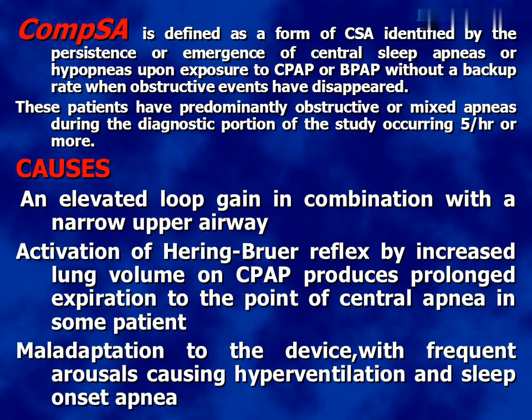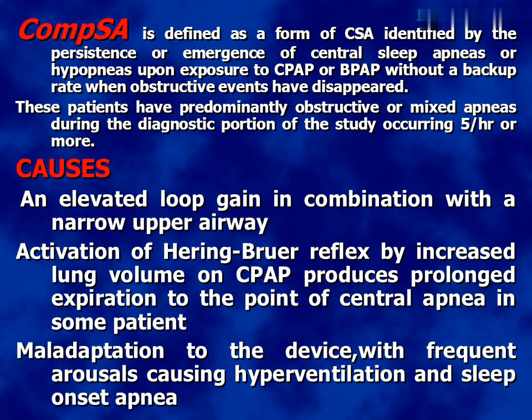CompSA is defined as a form of CSA identified by the persistence or emergence of central sleep apneas or hypopneas upon exposure to CPAP or BAP without a backup rate when obstructive events have disappeared. These patients have predominantly obstructive or mixed apneas during the diagnostic portion of the study, occurring 5 per hour or more.